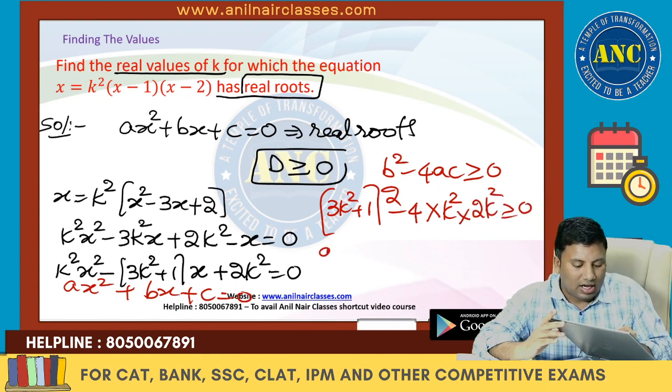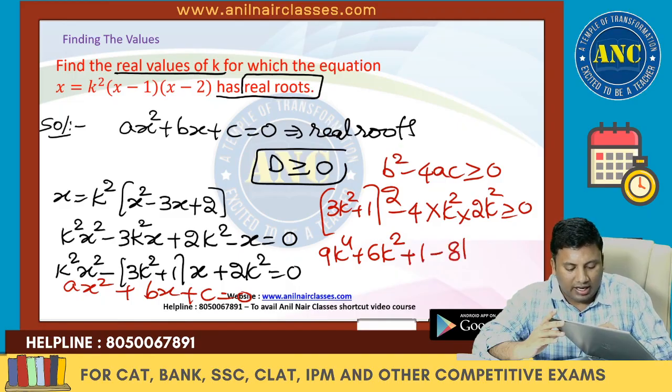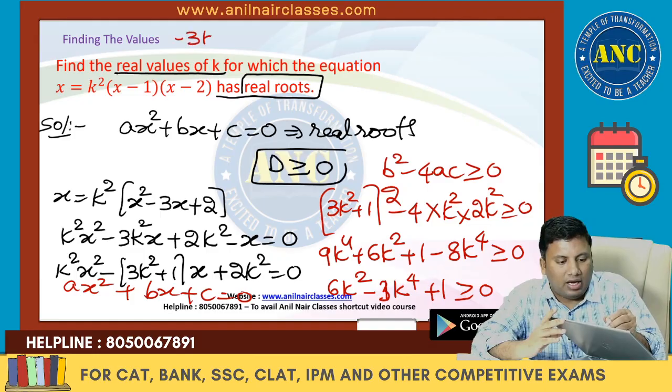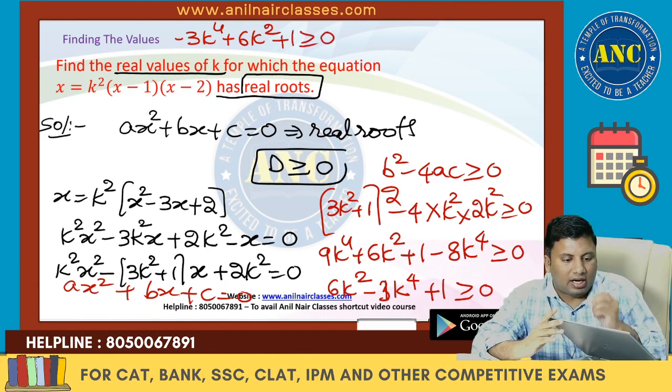This is 9k power 4 plus 6k square plus 1 minus 8k power 4 greater than or equivalent to 0. This is minus 3k power 4 plus 6k square plus 1 greater than or equivalent to 0.